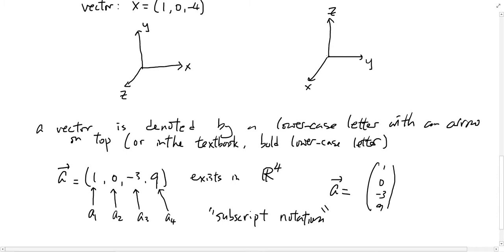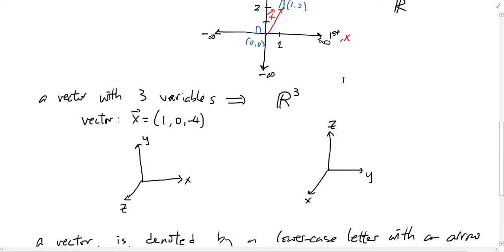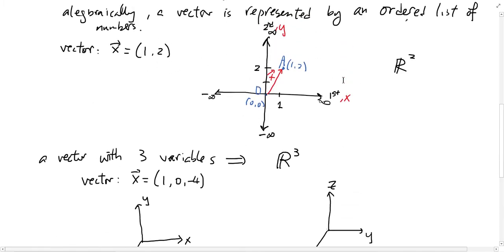That's called subscript notation. The problem is that outside of math, most people don't use the subscript notation. The reason is because they use a much more common notation called XYZ notation. As a matter of fact, that's what I just used right here, as well as right here, where I call this X and Y instead of using subscript.